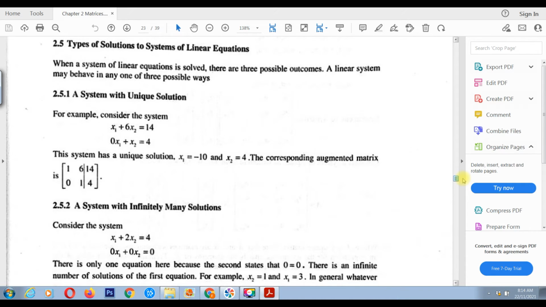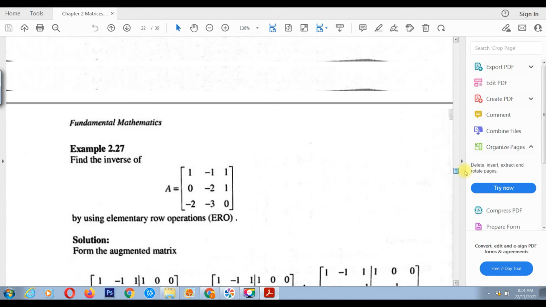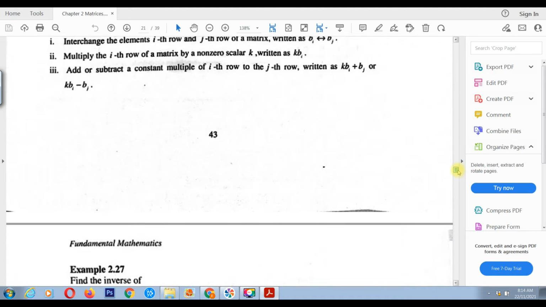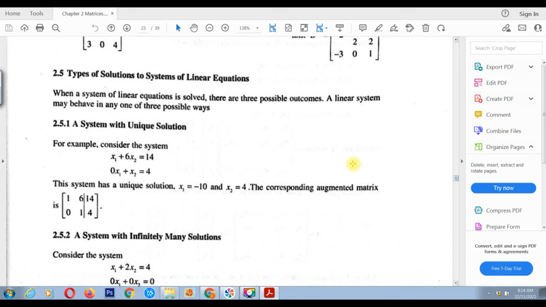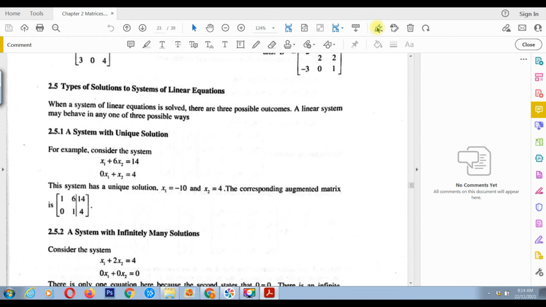So we want to solve what is the value of x, what is the value of y. So we have, what is the value of x1, x2, which satisfies both equations.